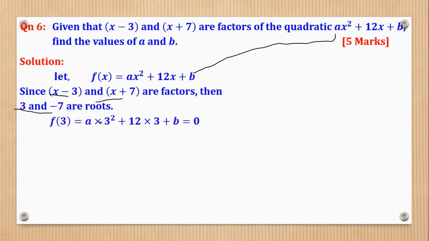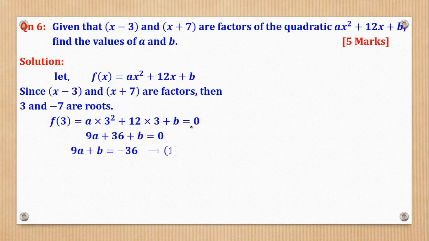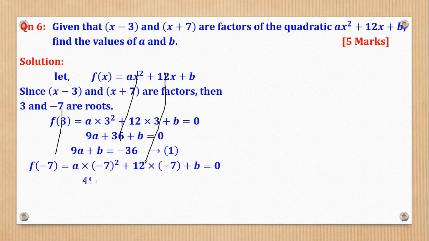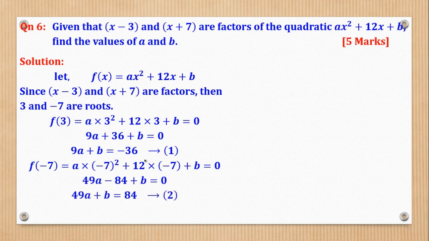Therefore, f(3) will be equal, by substituting where there is x, we put there 3 and equate to 0. You will come up with an equation. Then f(-7), where there is x, put there negative 7. Simplify and you come up with an equation. So there are 2 equations and 2 unknowns, therefore solve them simultaneously.